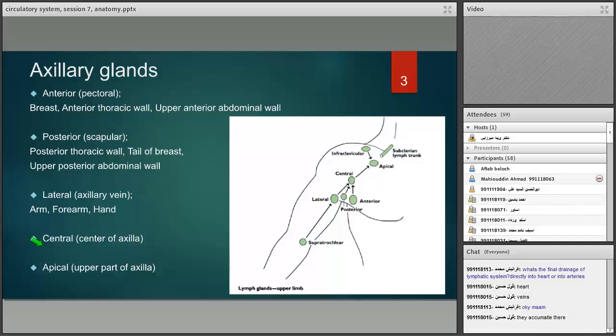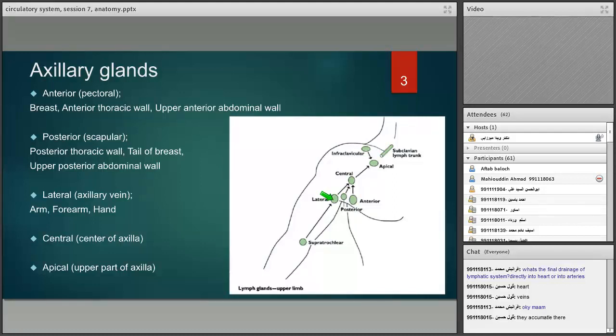And the central group present in the center of the axilla and receiving all the lymph from anterior, posterior, and lateral group here. It is placed in the center of the axilla and receiving the lymph from other 3 nodes.